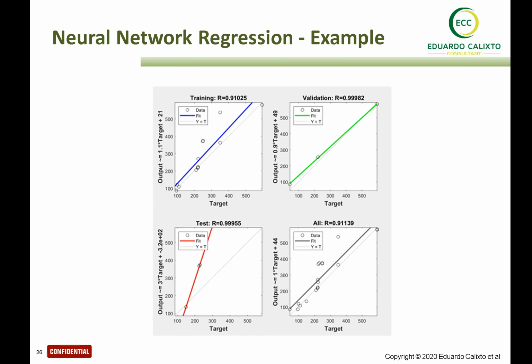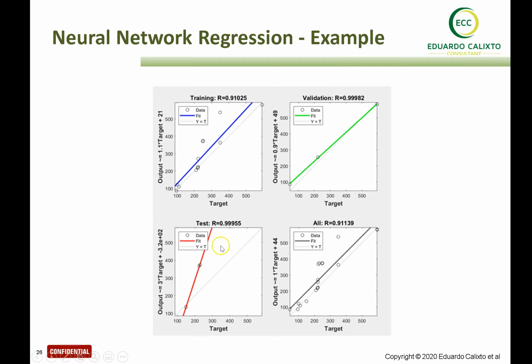But in the end, what I get is what I call the regression. The regression is a linear equation that shows the relation between output and targets. Then I can use this equation to predict the new remaining useful life. That's basically what I've got. And if we look at the correlation factors here, they are close to 1.